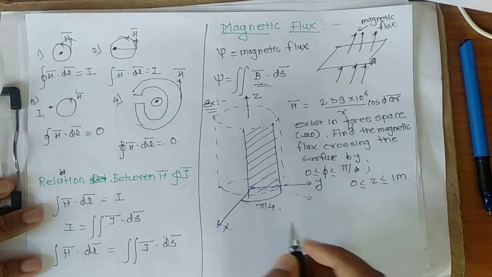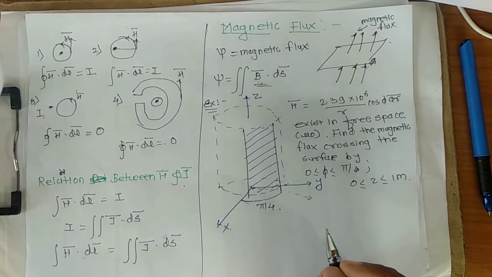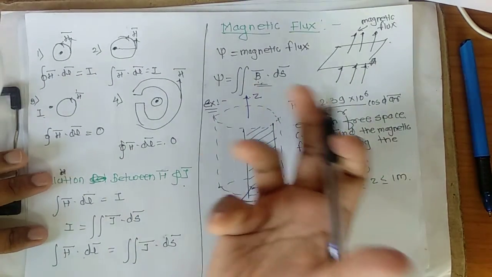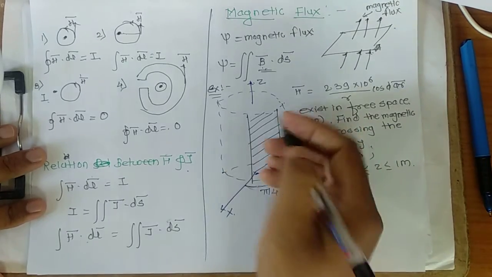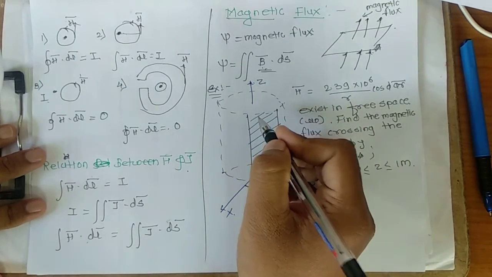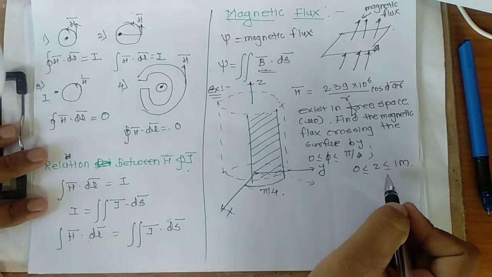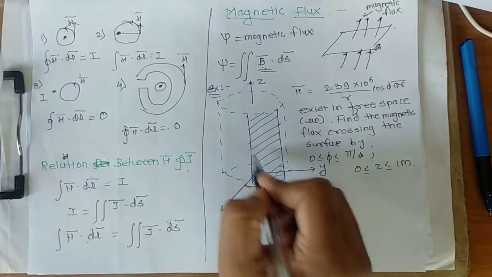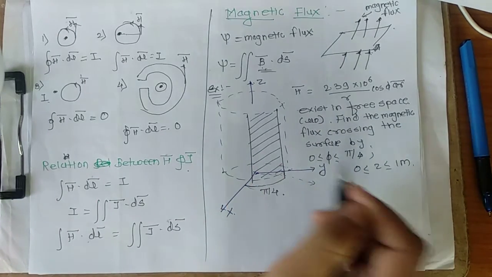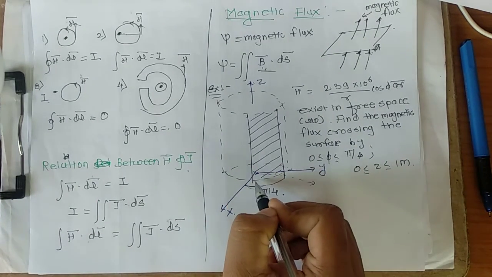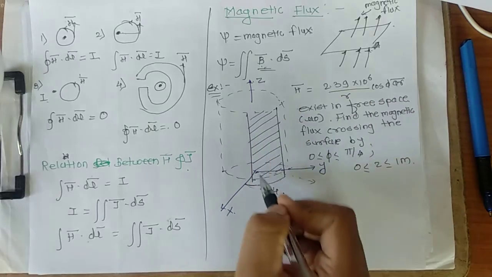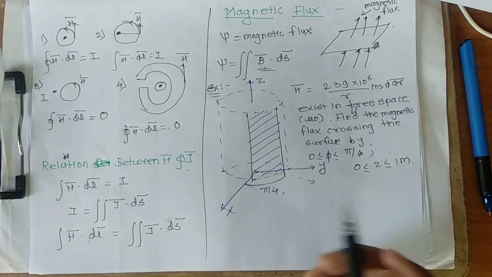Now you can see that the R component is constant, because we are taking a cylinder, and on the surface of the cylinder the radius is constant. What will vary? From here to here Z will vary, and from here to here phi will vary.